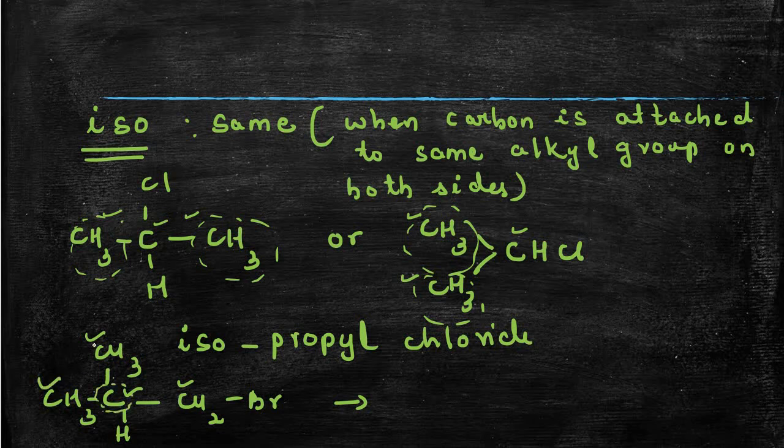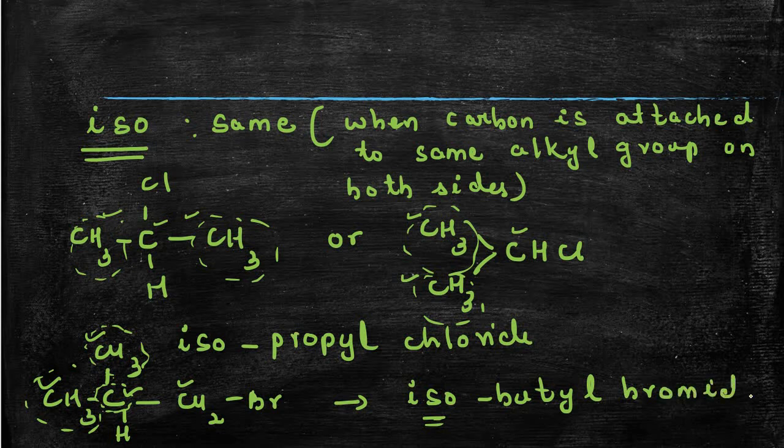And this carbon atom has two similar alkyl groups on both sides. So we have to write iso. It will be isobutyl. What is our halogen here? It is Br. So the common name for the compound will be isobutyl bromide.